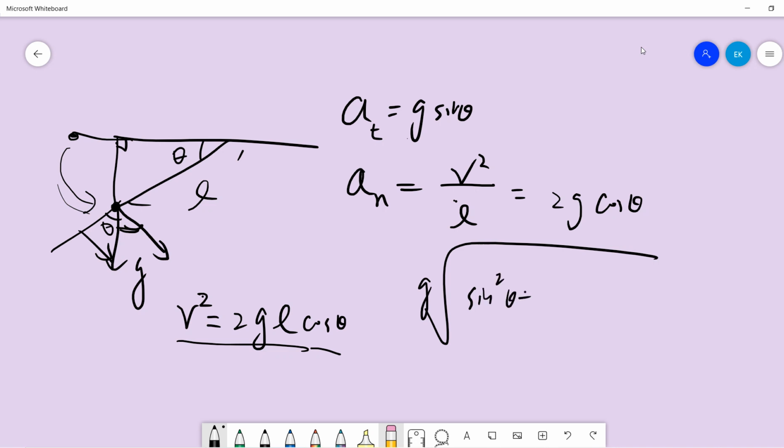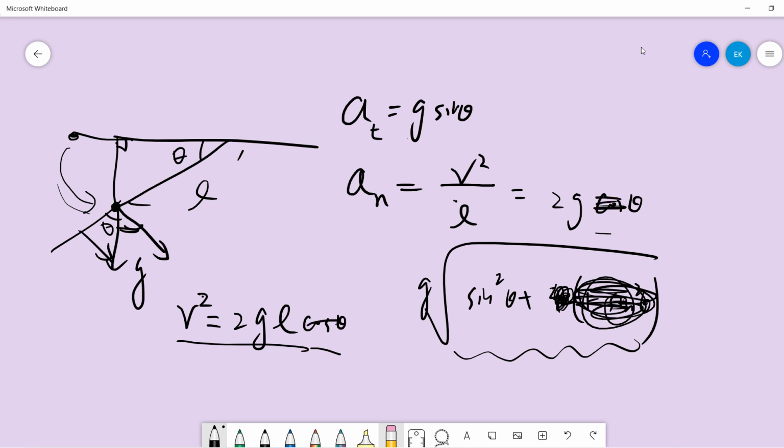Then you can compute the square of them. So you have sine squared plus 4 times cosine squared, which is 1 minus sine squared. Oh, sorry. So this is L sine theta. And your tangential acceleration should be g cosine.